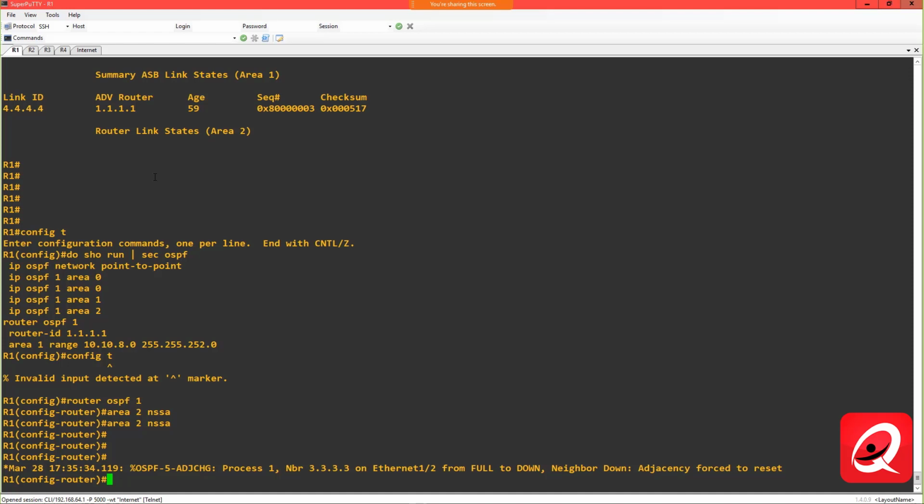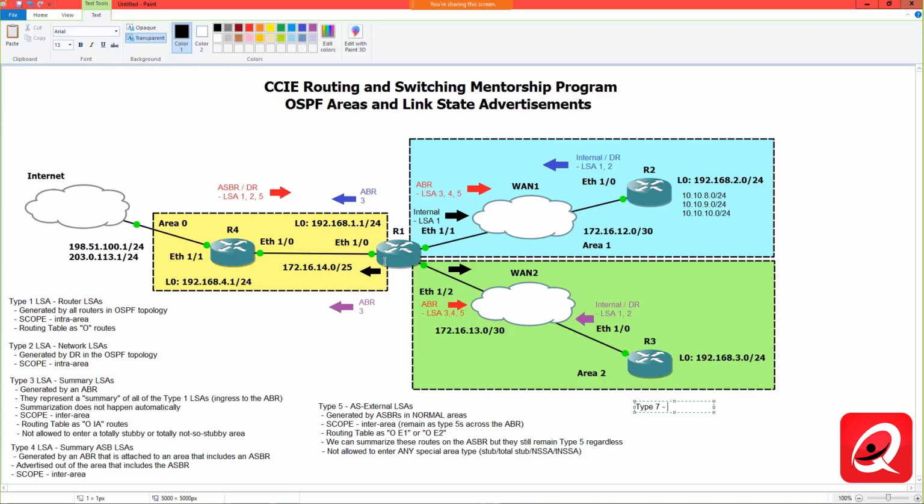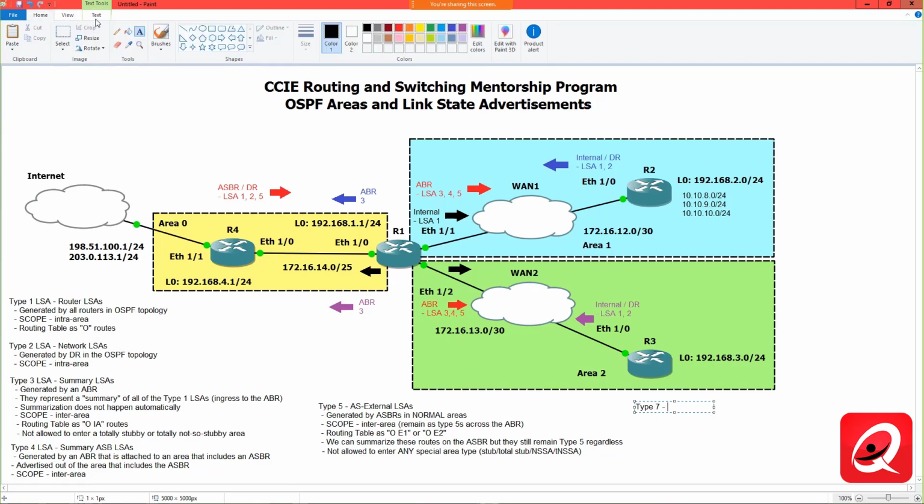External routes are never allowed into a special area type. Notice I lost my adjacency here, because one of the flags set in the context of OSPF is the area stub flag. Okay, so let me make a bit of a change here because now this is an NSSA.